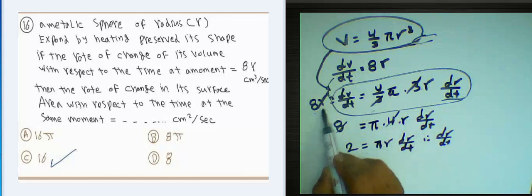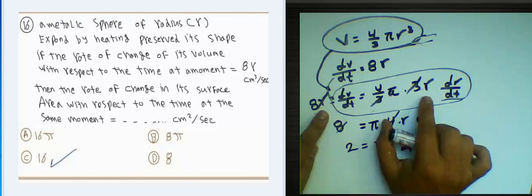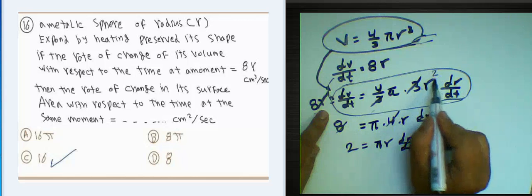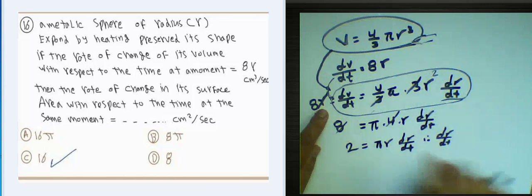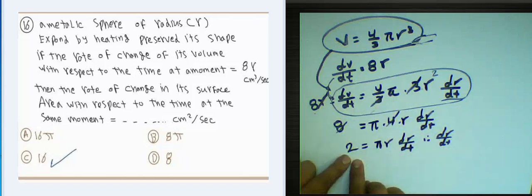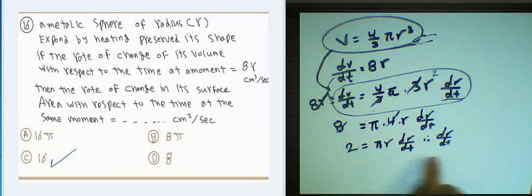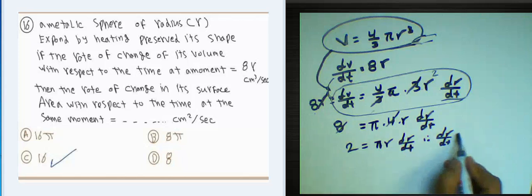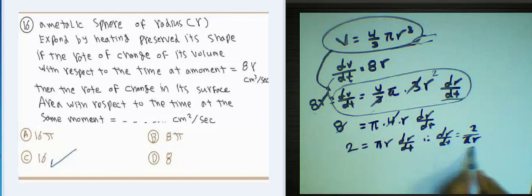The derivative equals 8r and divide by r. We know r power 2 divided by r will be r, cancel 3 by 3, and 8 divided by 4 equals 2 here. And then we can find dr over dt equals 2 over pi times r.